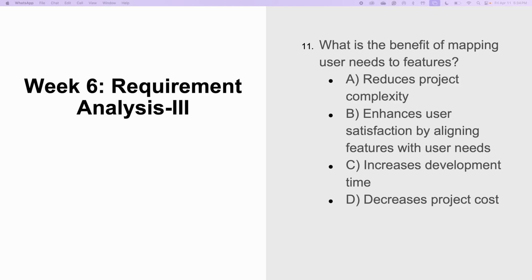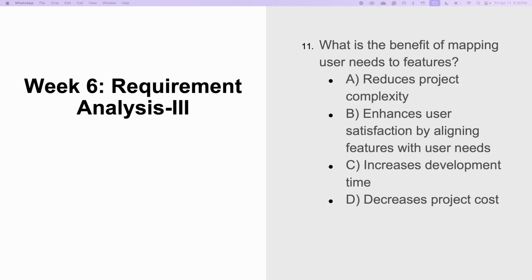A, C, D are incorrect because they are like incomplete recipes. Reduced project complexity might happen, but it's not the primary benefit. It's like simplifying a recipe without ensuring it stays good. Next one is increased development time.